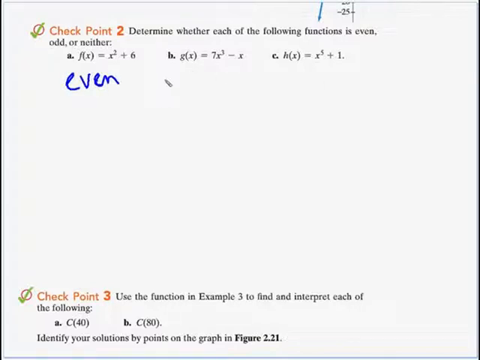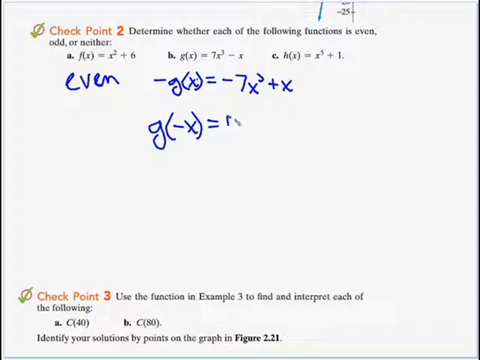For letter B, g of x, first I will negate it. Now it is negative 7x cubed plus x. I will find g of negative x, which will be 7 times negative x cubed minus a negative x. So the negative x cubed would be negative x cubed, times 7 is minus 7x cubed.